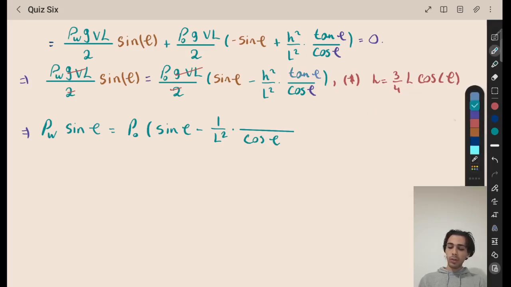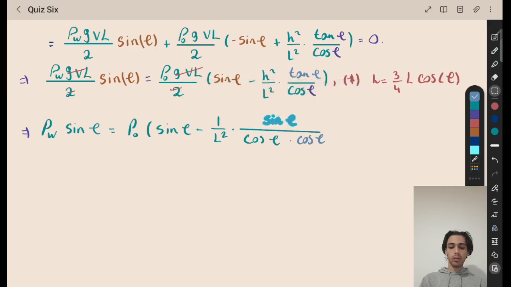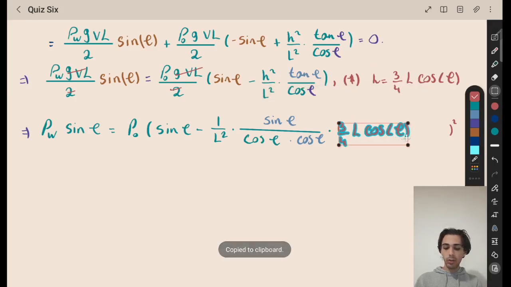So instead of the tangent function, I'll write sine divided by cosine. I hope that's okay. It should be. But let's not forget to multiply by h squared. And I hope you don't mind if I remove h squared and I replace this term instead. I think you won't mind, and I think you will really enjoy this part.